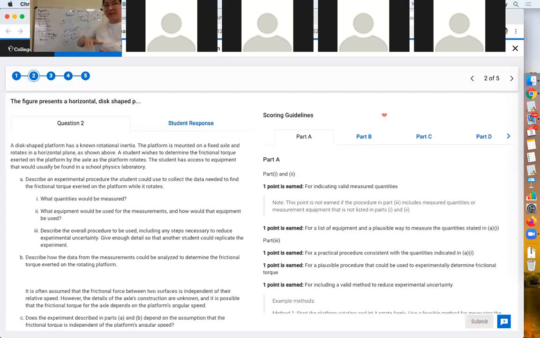Mr. Coy? Yeah. So for which equation are the measurements going to apply? Honestly, both of them. I mean, it doesn't really matter because you would have to in some way figure out that the change in velocity is 0 or that the angular acceleration is something.